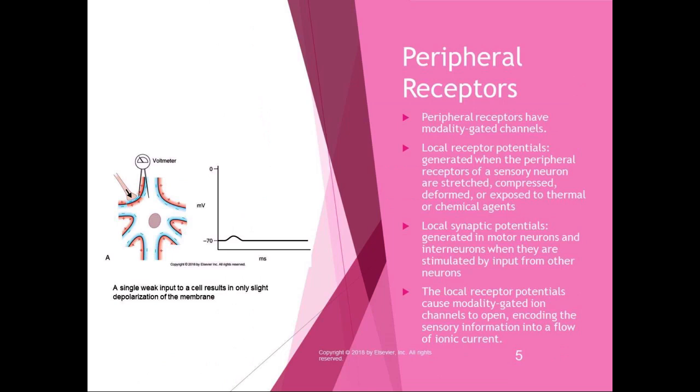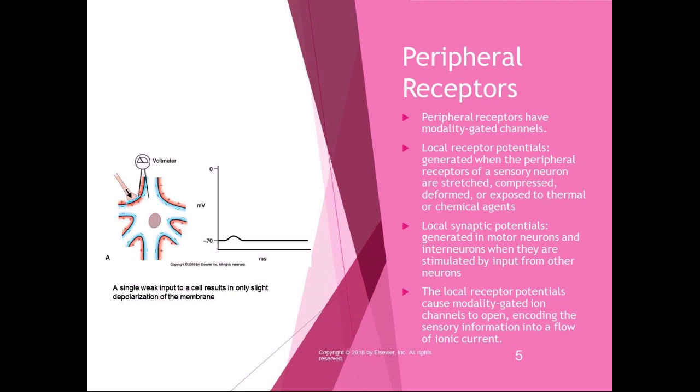So the peripheral receptors, like I said, have modality-gated channels. Local receptor potentials are generated when the peripheral receptors of a sensory neuron are stretched or compressed or deformed in some way or exposed to thermal or chemical agents. Local synaptic potentials are generated in motor neurons and interneurons when they're stimulated by input from other neurons.